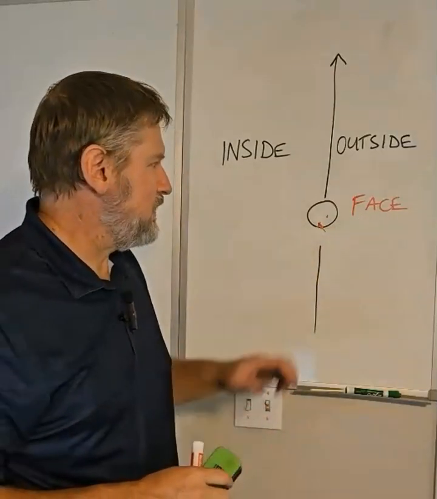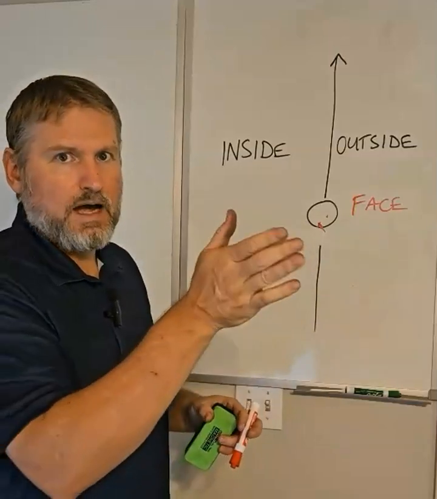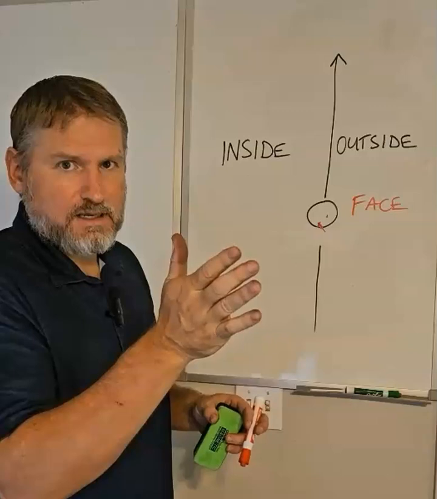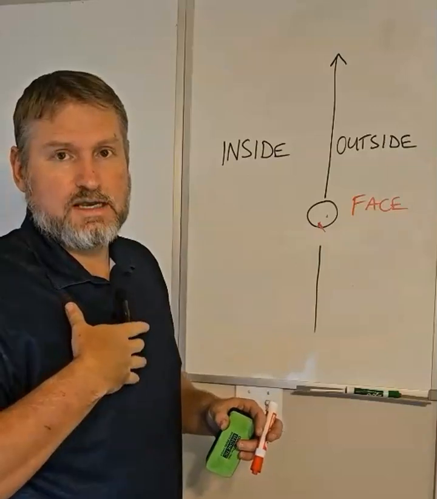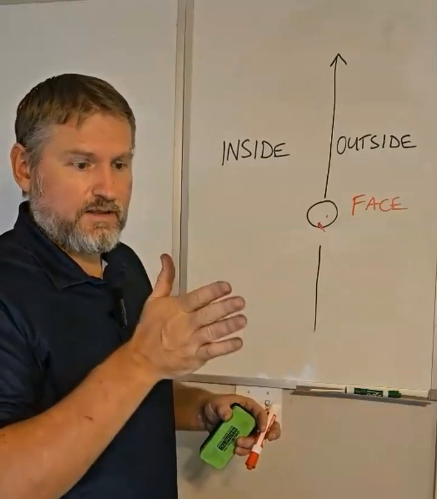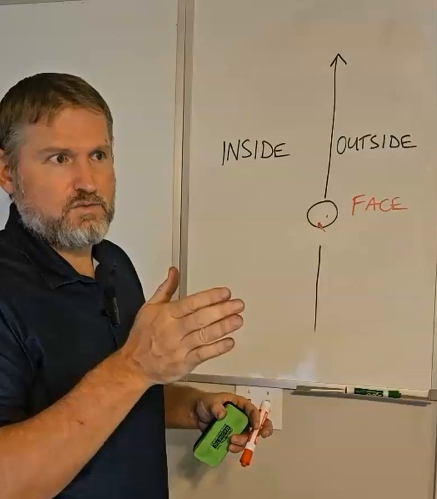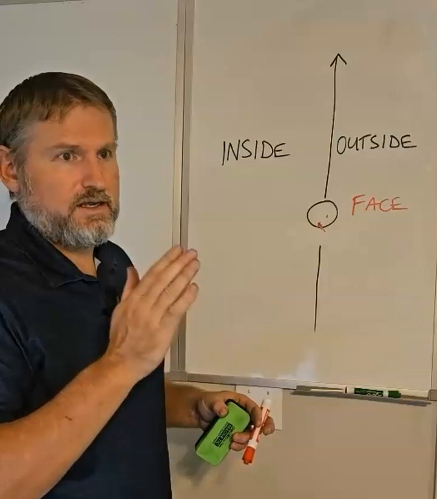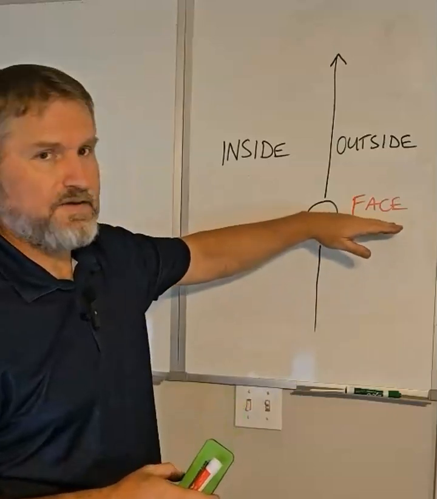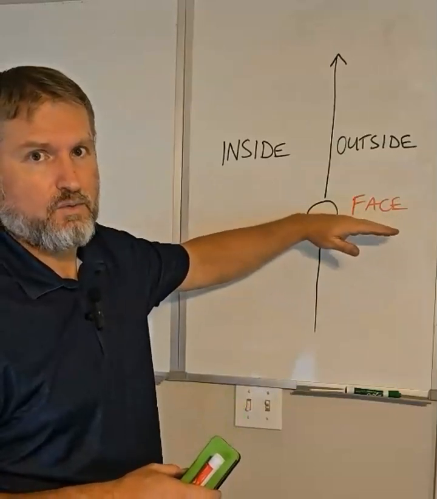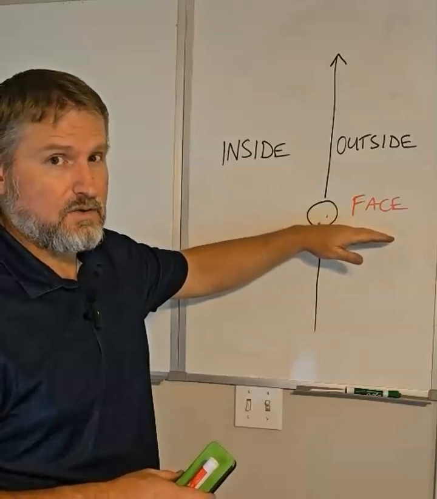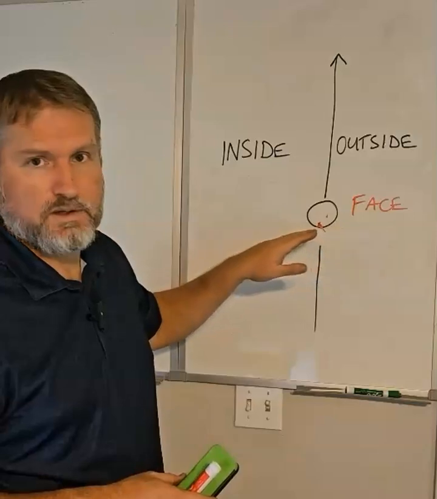So our goal isn't to have a club face that is wildly pointing inside or outside. What I'll do as your coach is help you to build a golf swing where as you hit the golf ball, the club face is in a position where it's going to help you get your ball to your target. All right? So that's face, club face at impact. What direction is it pointing? And that's important to know because the face determines where the ball starts.